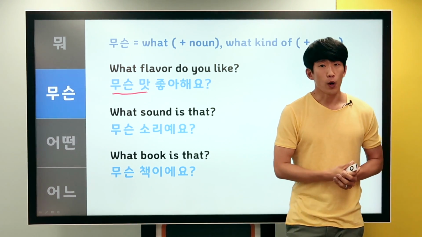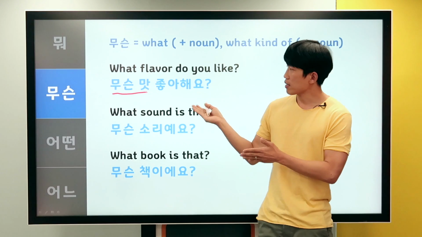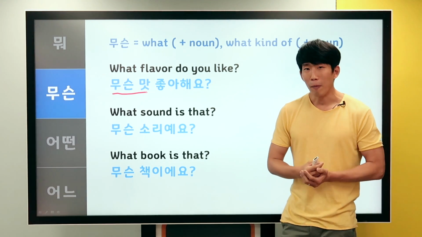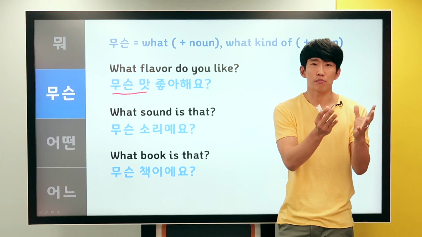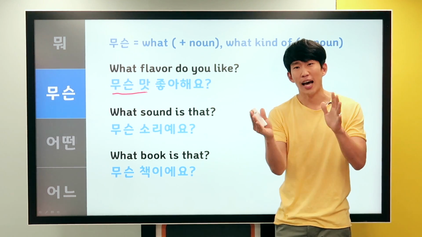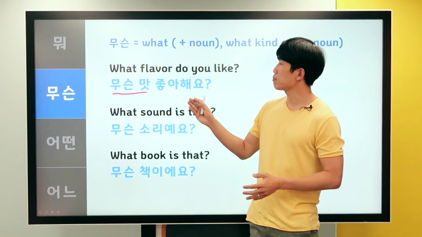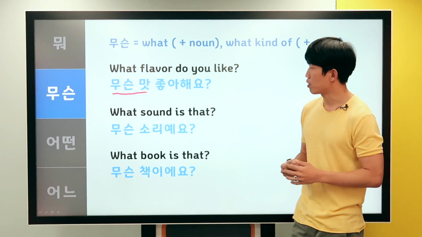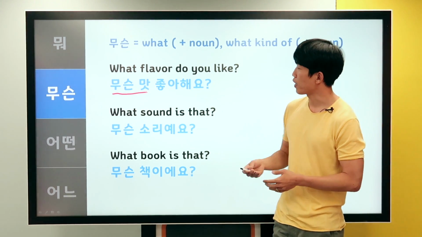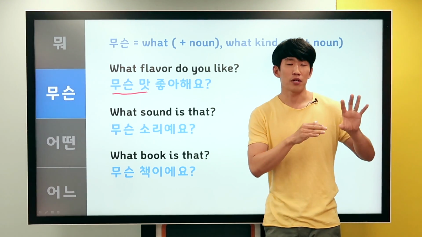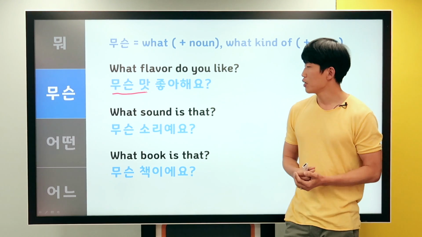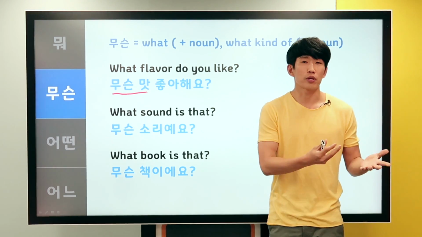무슨 맛 좋아해요? Here in this case, you wouldn't say 뭐 맛 좋아해요, because 뭐 in itself is complete, so you don't really put 뭐 in front of other nouns in most cases. So 무슨 맛 좋아해요 is much more natural. And what sound is that? When you heard a loud thump or something like that, you can say, oh, 무슨 소리예요?